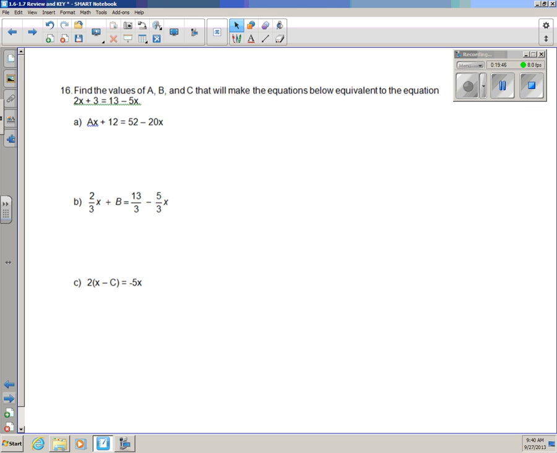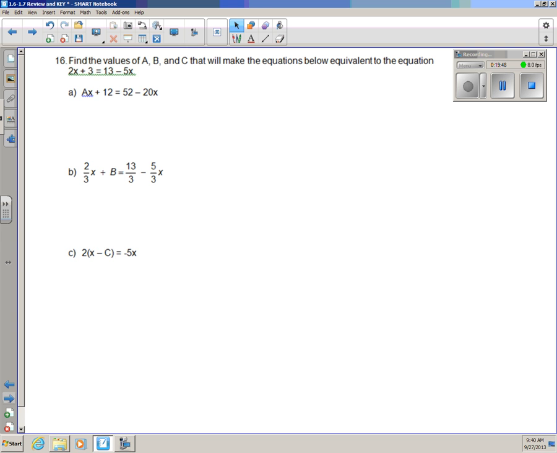How about 16? Find the values of A, B, and C that will make the equations equivalent. And this is the same thing as the beginning anyway. So we got to figure out how we're getting from the original to this equation in A. And notice that 3 is turning into a 12, 13 is turning into a 52, and negative 5x is turning into a negative 20x. How are we getting there? Are we doing something that's the same to all of them?